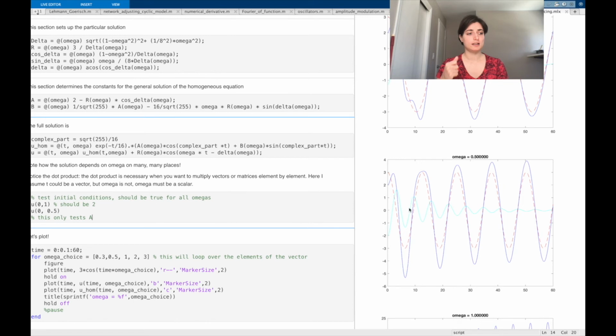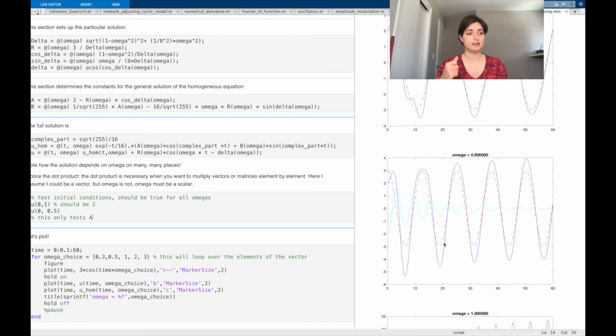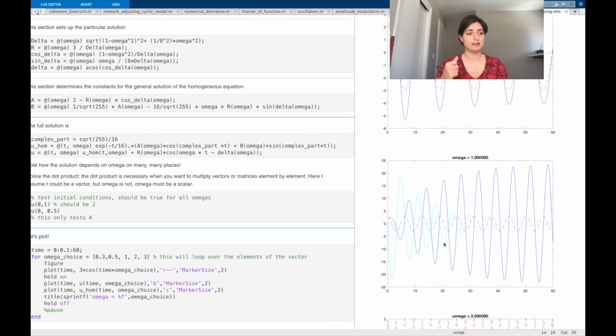Then we increase omega and we see how the forcing term and the homogeneous solution have a peak at the same time, giving a full solution that also has a peak at the same time.